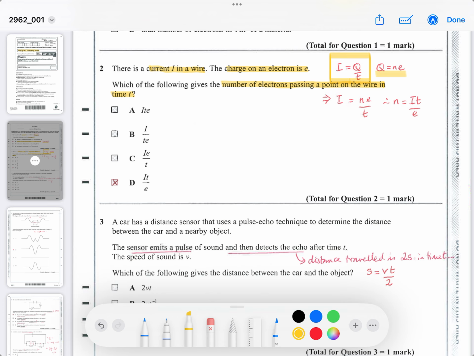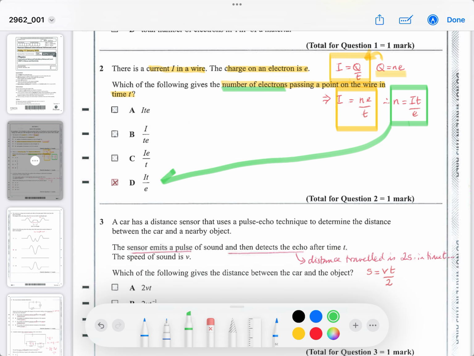If you then replace Q in this equation with ne, you can make this equation up. So current will be n times e over t, and they want you to know how much is n, the number of electrons. So make n the subject of the equation. n will be It over e if you can do the algebra, which gives you the answer D.